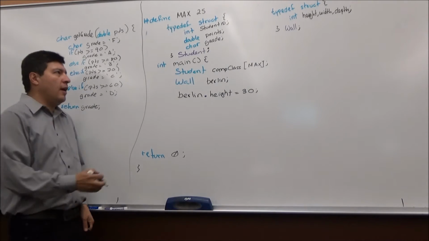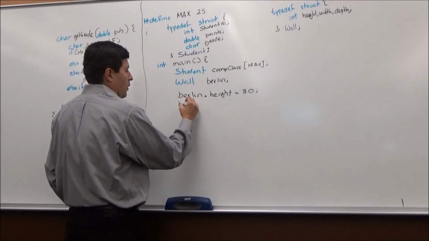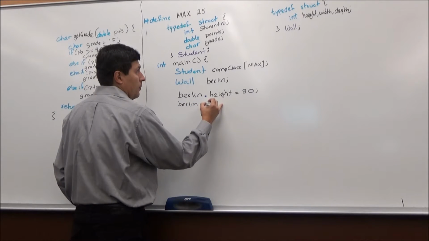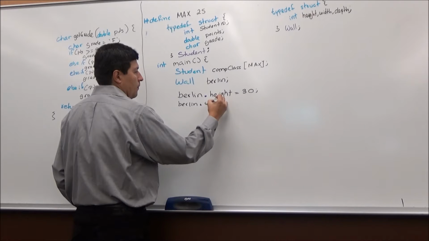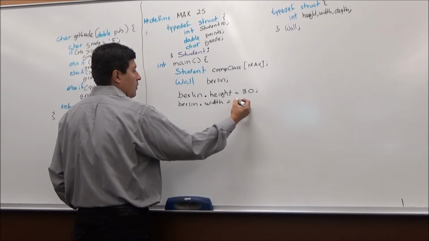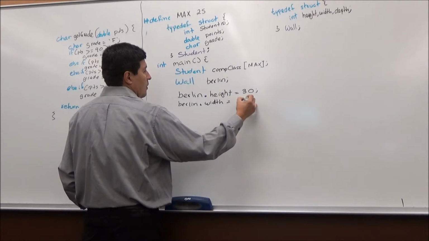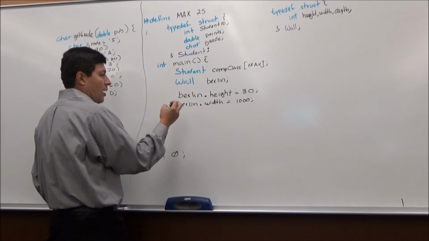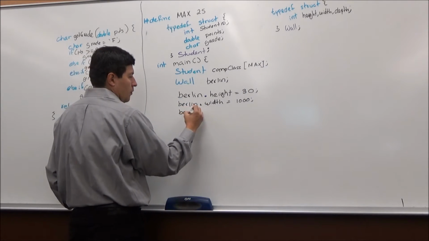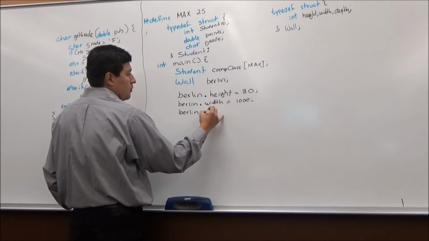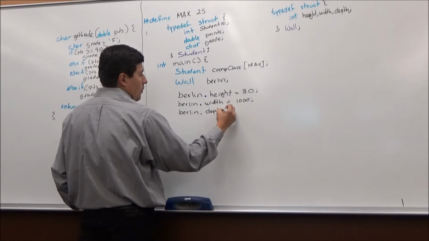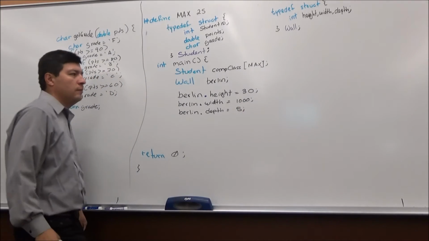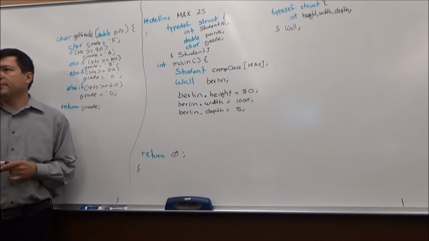Then you can say Berlin dot width. I don't know how wide it was. Let's say it was 1,000 feet wide. And then depth, maybe it was like 5 feet. I don't know. I just made those up.